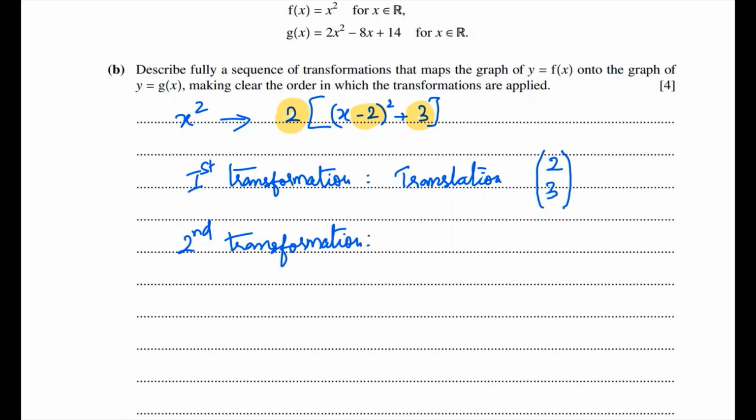And this is a vertical stretching, that is a stretching along the y-axis, and the stretching factor is 2.